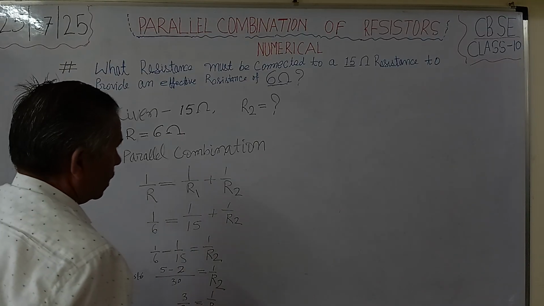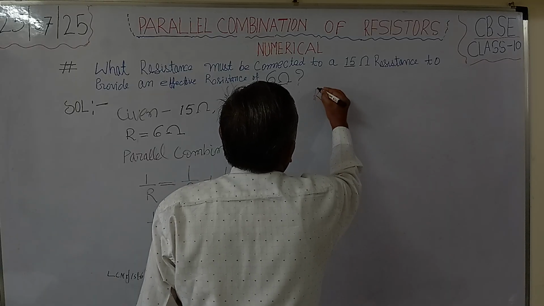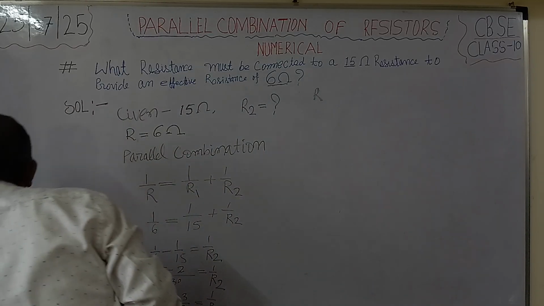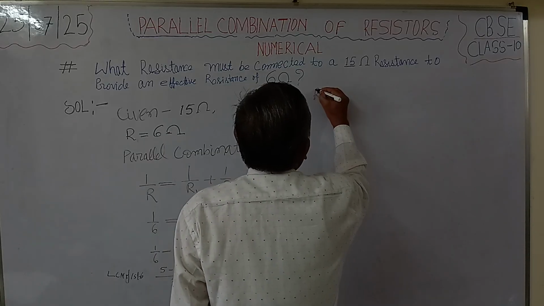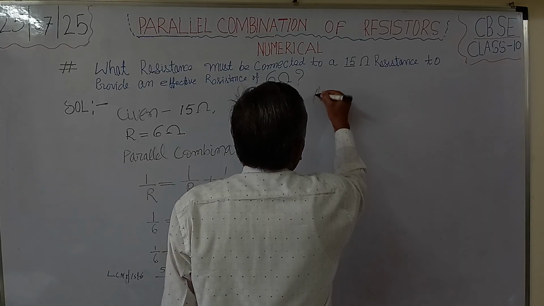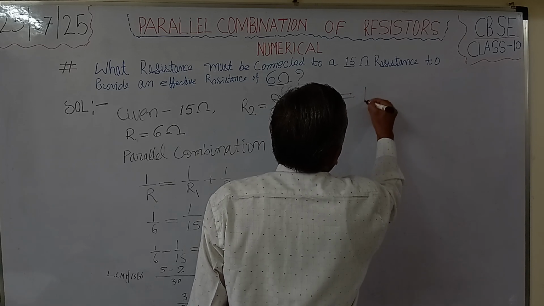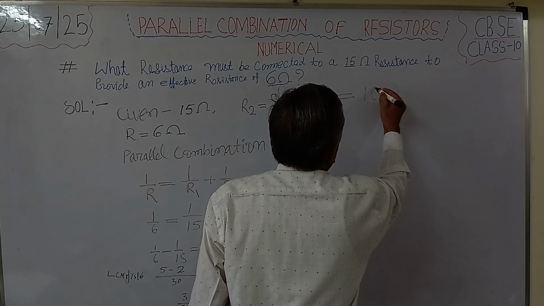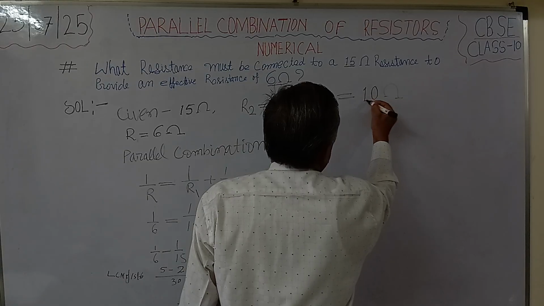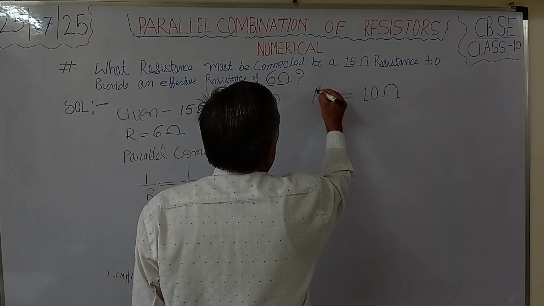That means R2 equals 10 ohm. So our answer will be the resistance that should be connected in parallel with 15 ohm.